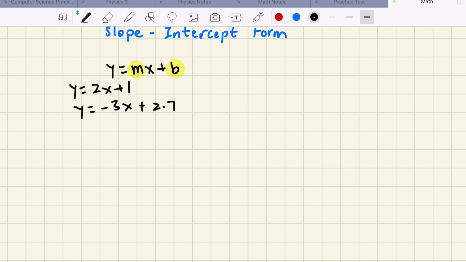Both of these equations are considered linear equations in slope-intercept form. And these equations are not in slope-intercept form: 2x plus 3y equals 52, and y minus 3 equals 2 times (x minus 1).